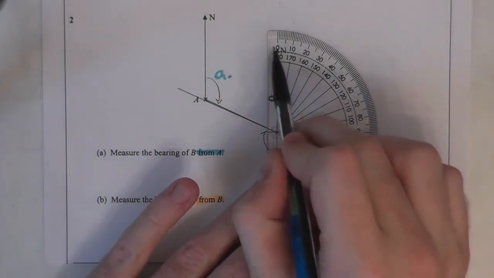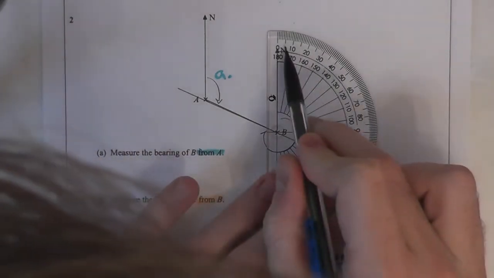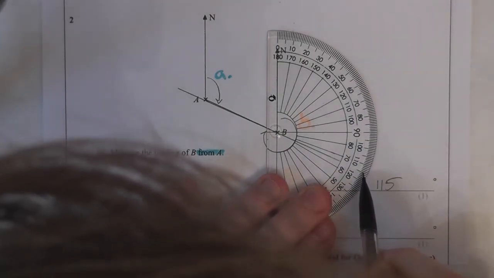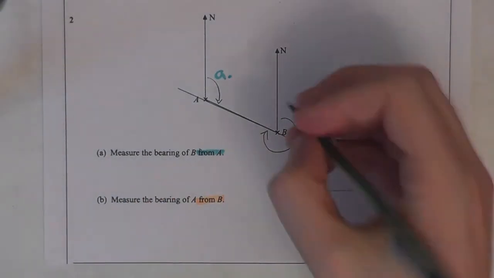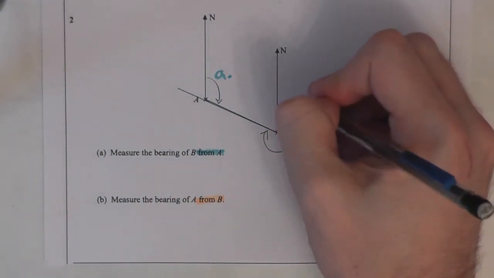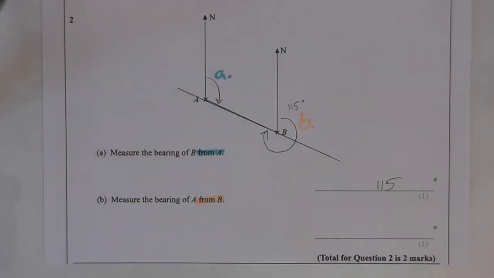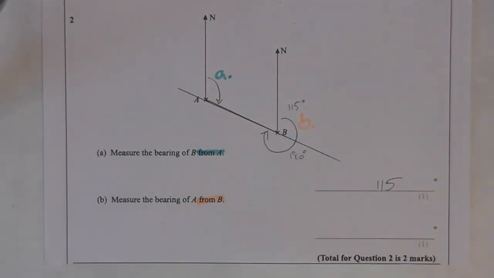Then we are going to measure round until we hit this line here, which is going to come to, well, also 115 degrees, which makes sense, because looking at A, they seem reasonable. We then need to add that on to the 180 degrees, and 180 degrees plus the 115 is 295 degrees.